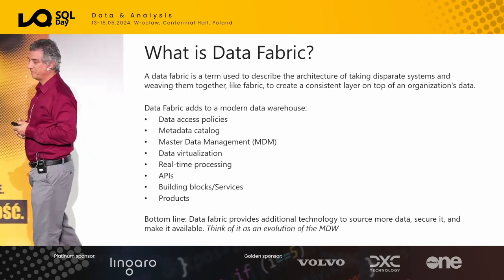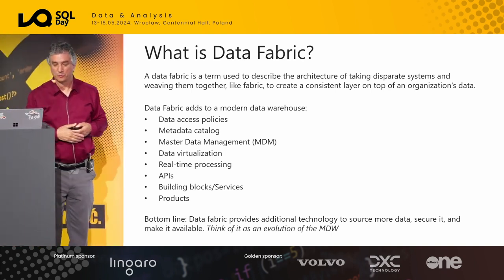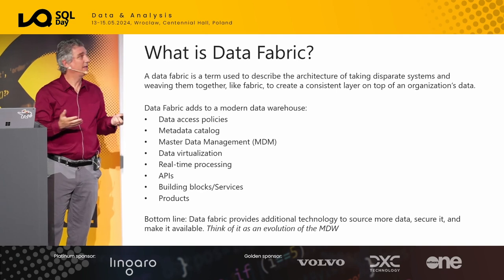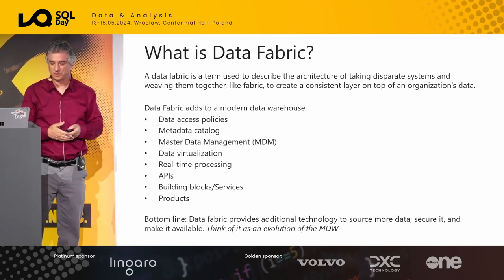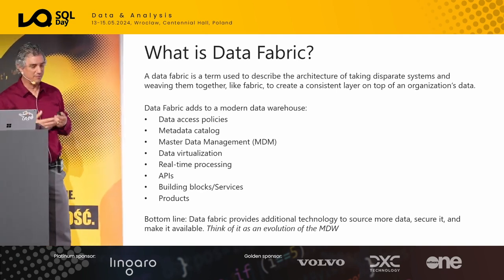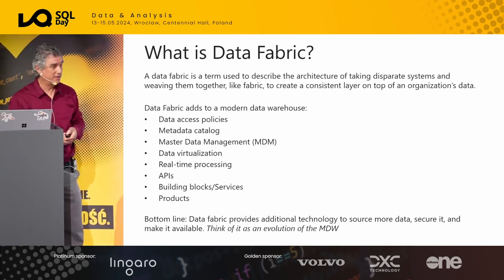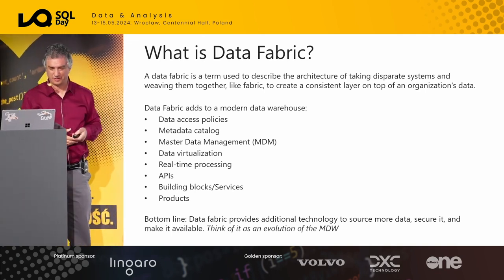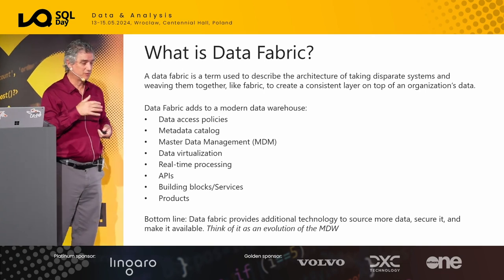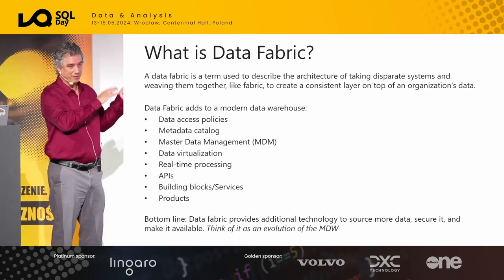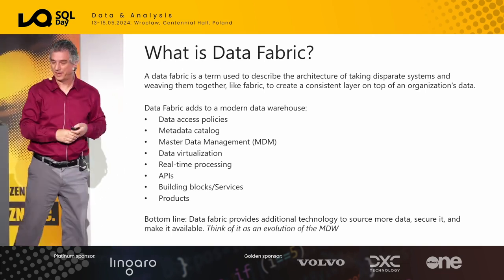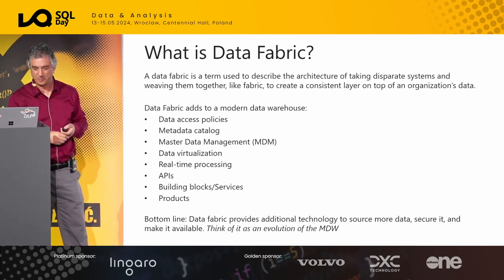It'll have functionality with metadata catalog. Maybe it's using something like Purview in there. It'll have master data management in there. It may use a data virtualization component in there. It will have real-time processing. The modern data warehouse I showed you just had batch. This adds another layer of streaming data in there.